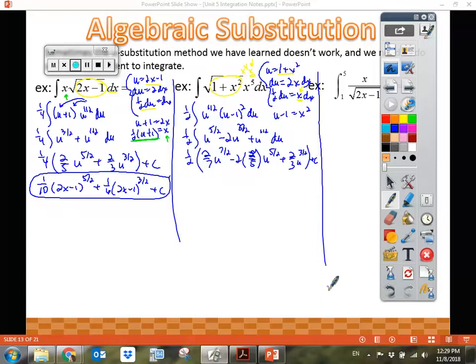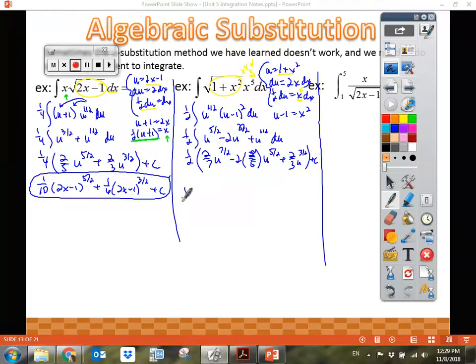Alright, so we're just going to do a couple things at once. I'm going to distribute this 1/2, and I'm going to put the u, the 1 plus x squared, back in. We're going to do all of that at once, and probably have to use more than one line. That's okay.